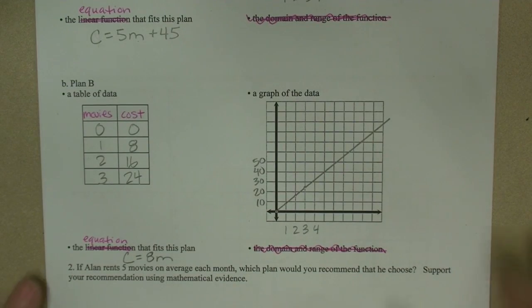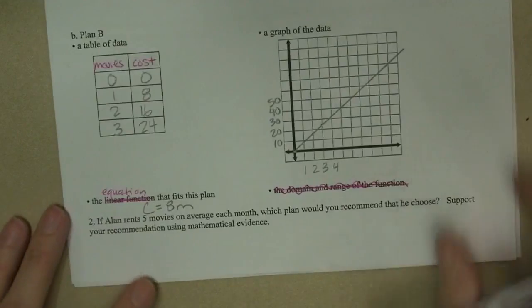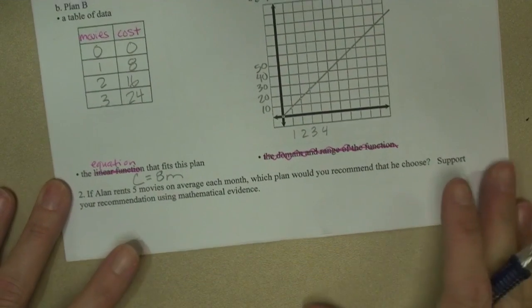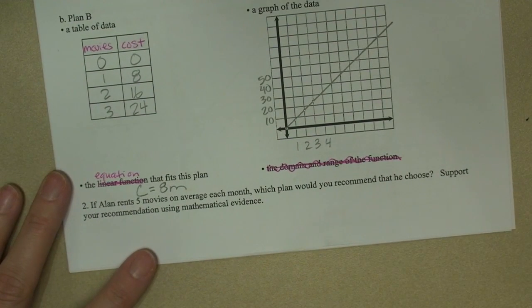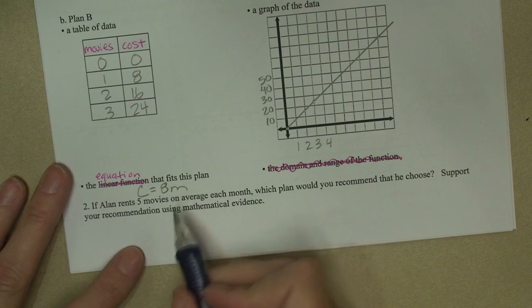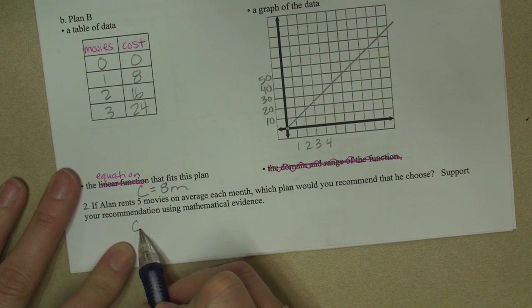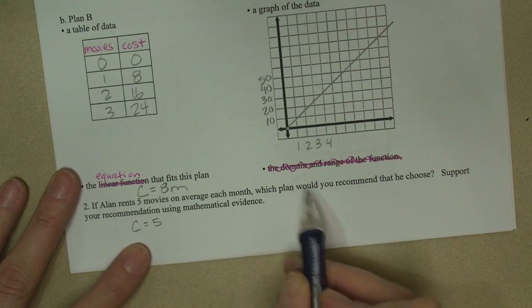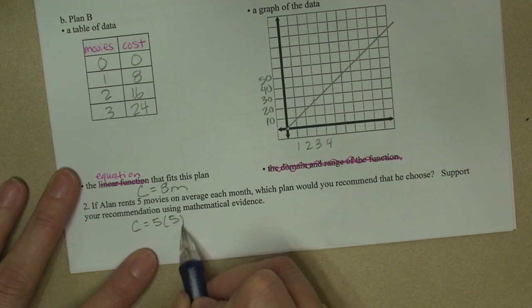Okay, and I already have my equation. So now for number 2, it says if Alan rents 5 movies on average each month, which plan would you recommend that he choose? Support your recommendation using mathematical evidence. So I'm going to use my equations. I'm going to say the cost of Plan A would be $5 per movie, he says 5 movies, plus 45.